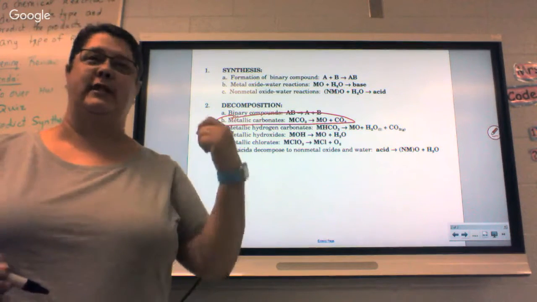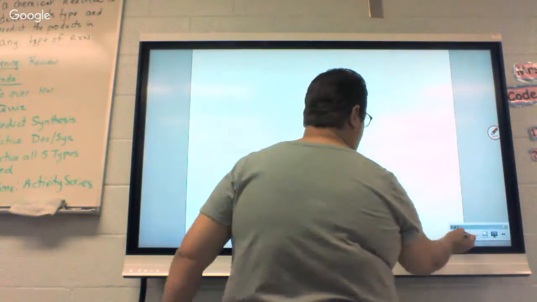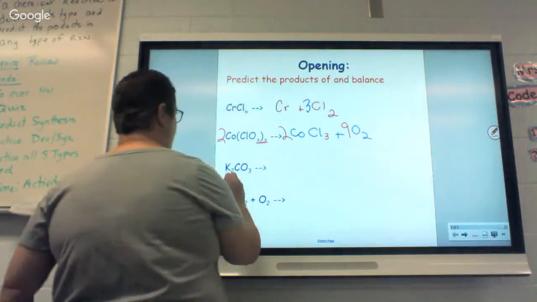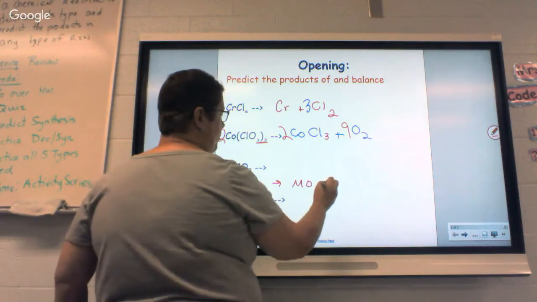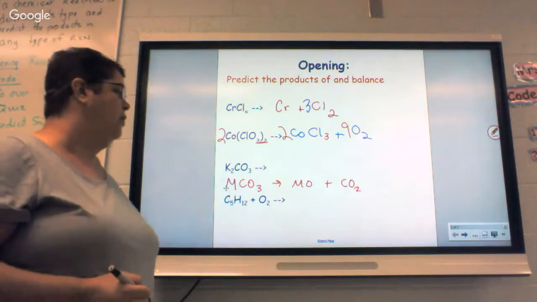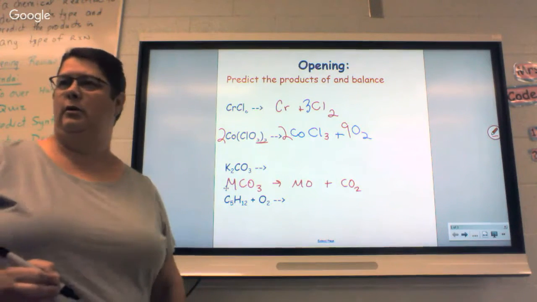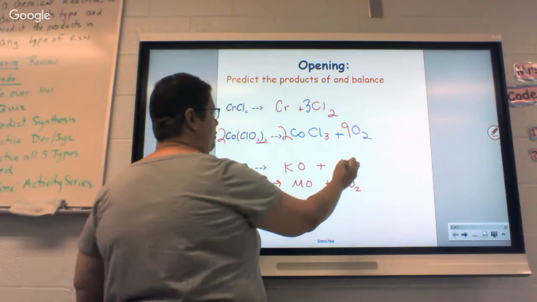Okay, so E was the last one. So MCO3 becomes MO plus CO2. So what goes in the M spot? K, and then O, and then plus CO2.